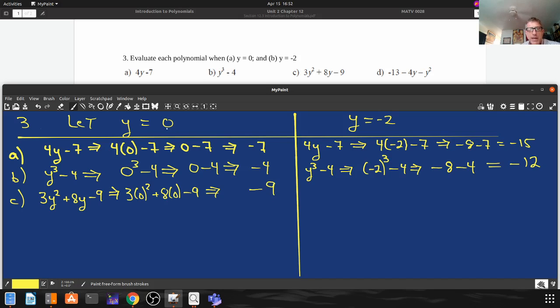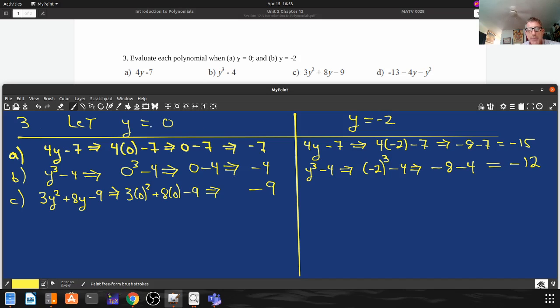What happens, we actually say, when the variable, if it's a polynomial in a single variable, when that variable is equal to 0, we say the variable terms vanish. So if you look over here, 4y minus 7, if the 4y term just vanishes, then my answer is minus 7. y cubed minus 4, if the variable terms vanish, then my answer is minus 4. 3y squared plus 8y minus 9, if the variable terms vanish, meaning the 3y squared and the 8y, my answer is equal to minus 9.